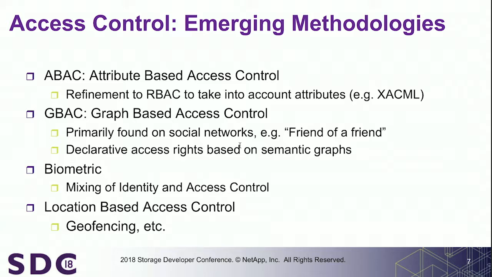I belong to a group, someone else belongs to a group, that person then has some degree of read access to resources I may create, etc. And as we see more and more use of graph relationships, as driven by social media, but we're starting to see this across all areas, all segments of the industry, defining access control based on declarative statements on these semantic graphs of relationships is something people want to do.